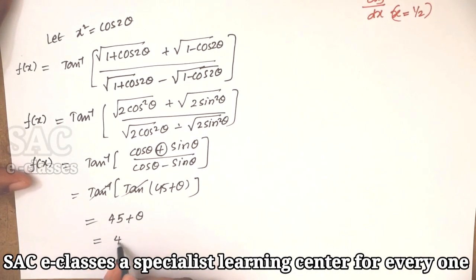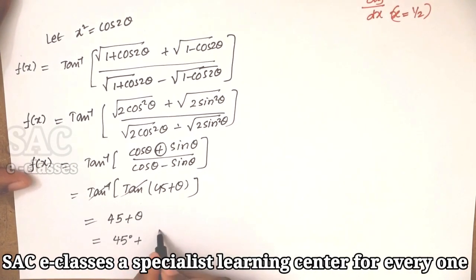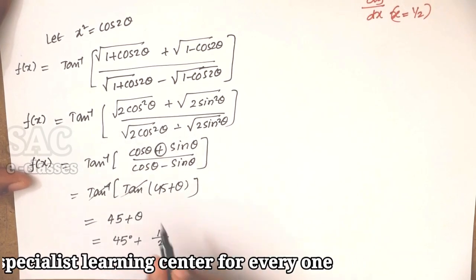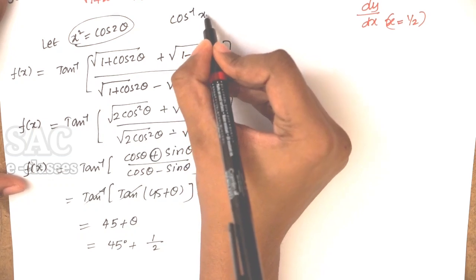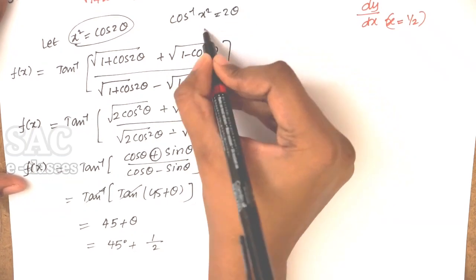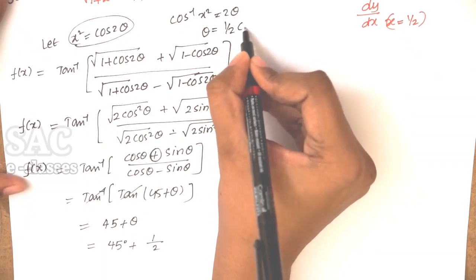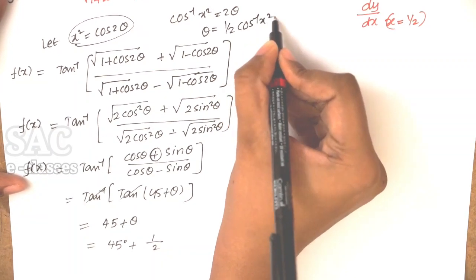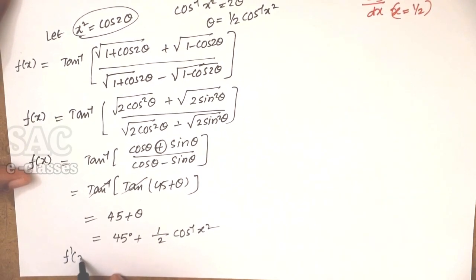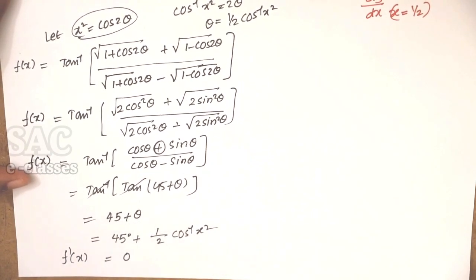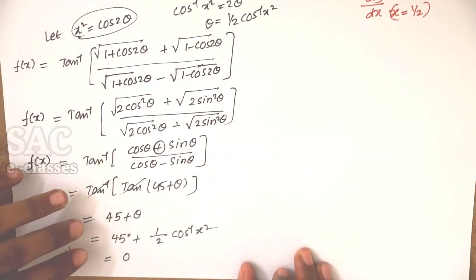Now let us convert this one. 45 degrees plus theta can be written with theta as 1 by 2. Now convert it. cos inverse x square equal to 2 theta. So theta can be written as 1 by 2 cos inverse x square. Go for the differentiation. f dash of x is equal to 45 degrees, whatever it is, constant.